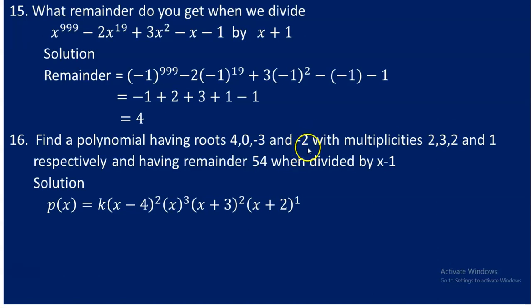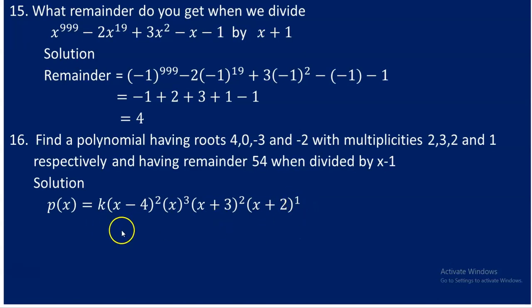And minus 2 is also another root, so x plus 2 is going to be what? A possible factor. And here we are having multiplicity 1, so you can have 1 here, or you can omit it if you want, no problem, because it's understood that even though the exponent 1 is not written, x plus 2 is understood to be appearing here.